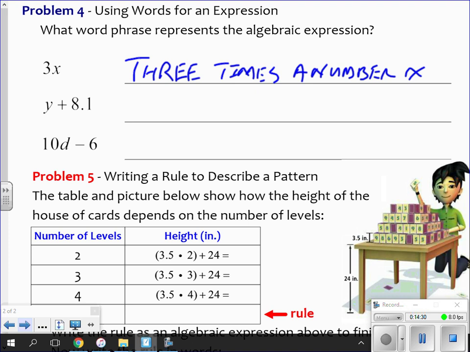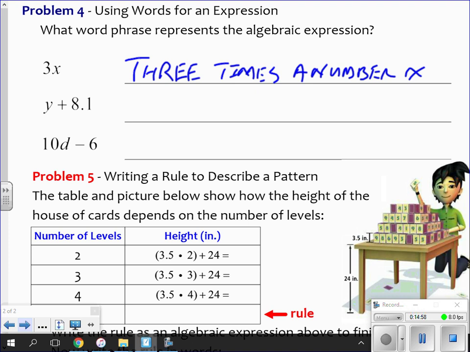You will often see it in textbooks. 8.1 more than y. Yeah. Or what I'm thinking of is the sum. The sum of 8.1 and the number y. That's when you can use it. Like I said, you see that in textbooks all the time. They love to use sum and product and quotient and difference, because those are all the big math words.